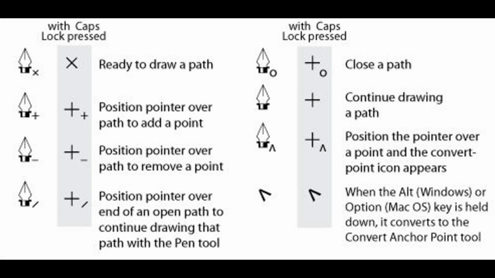Let's quickly revise the pen tool. If your caps lock is on, you will see this cursor. These are the cursors which will be visible if your caps lock is pressed, and these are the cursors which are going to be visible if your caps lock is not pressed.